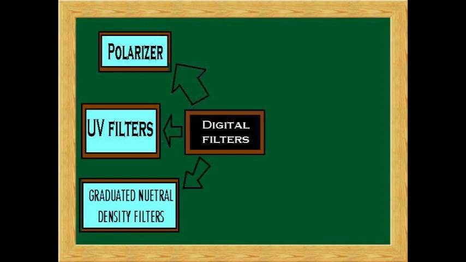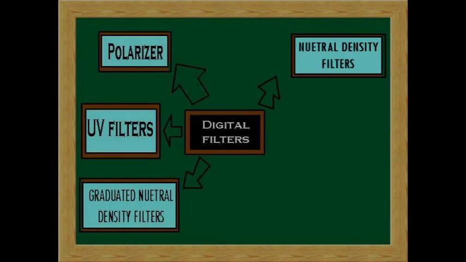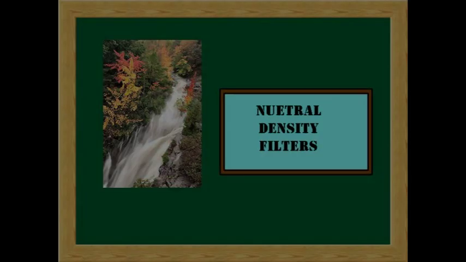Graduated neutral density filters are used when the dynamic range of a scene exceeds the capabilities of the camera to record detail in both the brightness and darkness parts of the scene. Neutral density filters simply absorb light of all wavelengths.